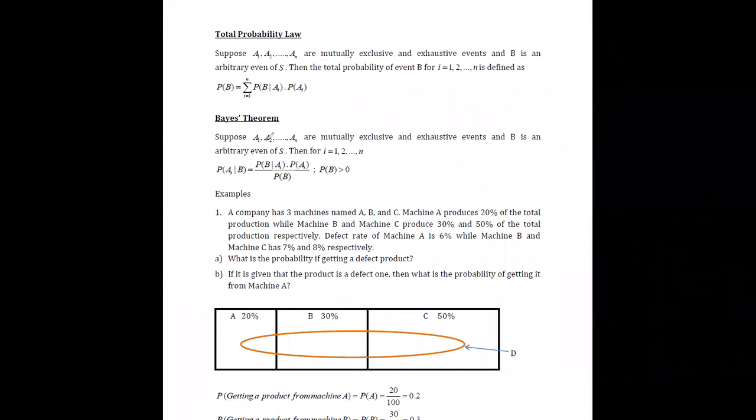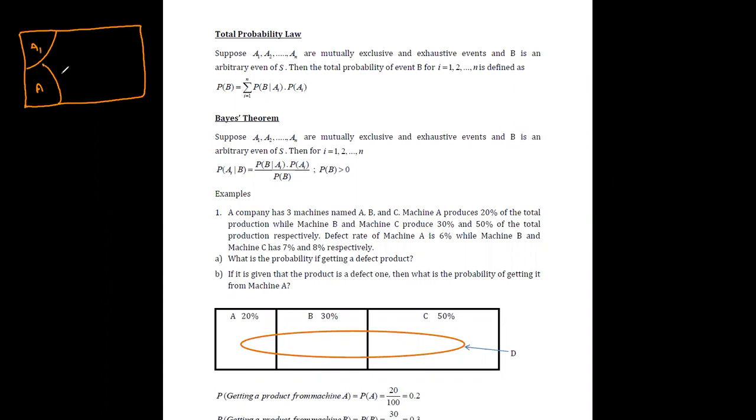Suppose that A1, A2 up to An are mutually exclusive and exhaustive events. Suppose that it is quite in this way. Here this is A1, A2, A3, A4, and this is the nth event we are having.